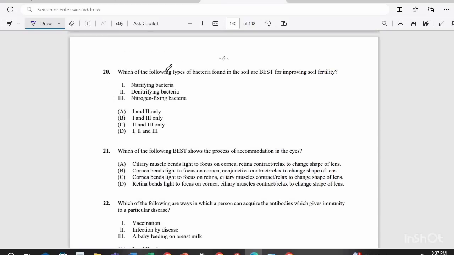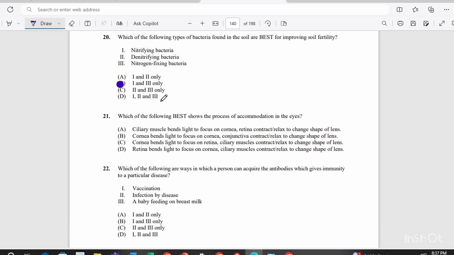Question 20. Which of the following types of bacteria found in the soil are best for improving soil fertility? We have nitrifying bacteria, denitrifying bacteria, and nitrogen fixing bacteria. The answer there is B. Nitrifying bacteria and nitrogen fixing bacteria only.